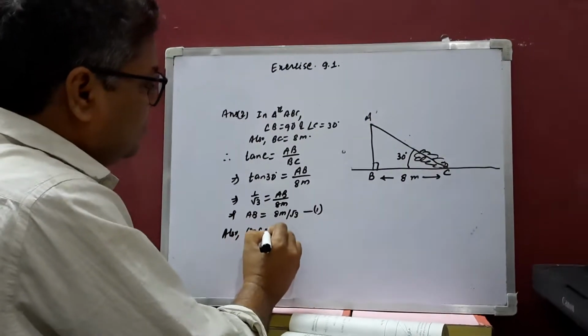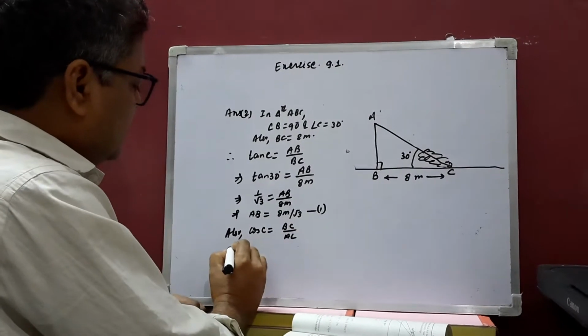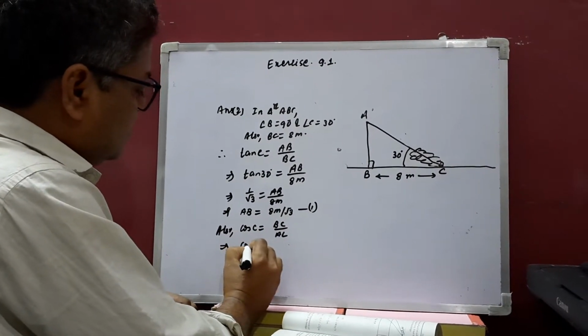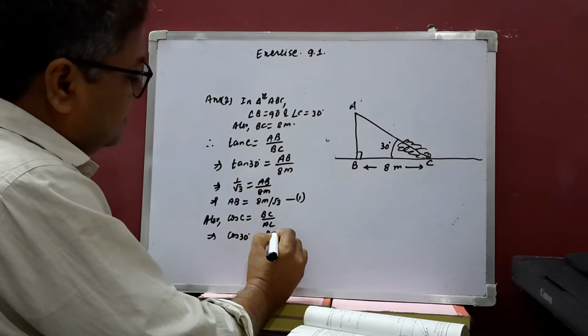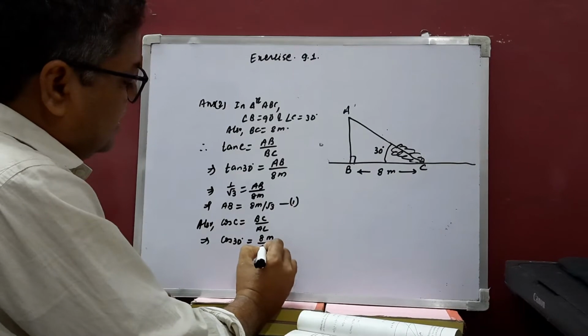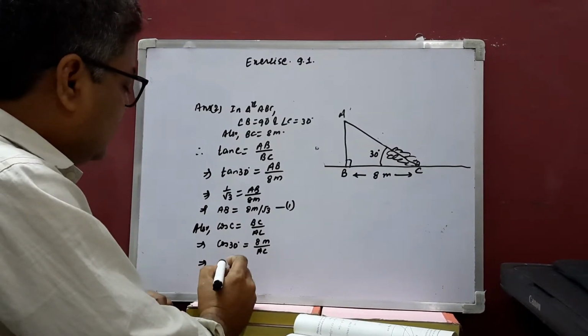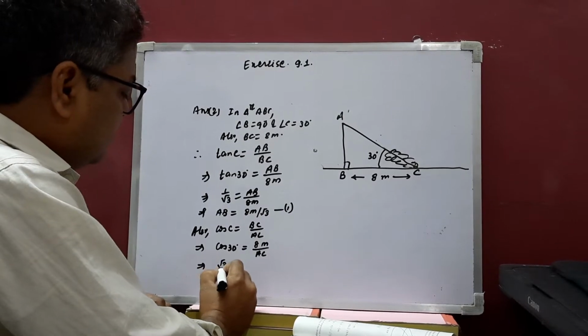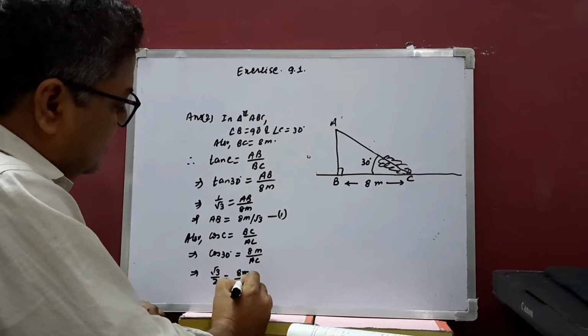Cos C is equal to BC by AC, and this is cos 30 degree, and the value of BC is 8 meter by AC, and we will substitute the value of cos 30 degree, which is root 3 by 2, and 8 meter by AC.